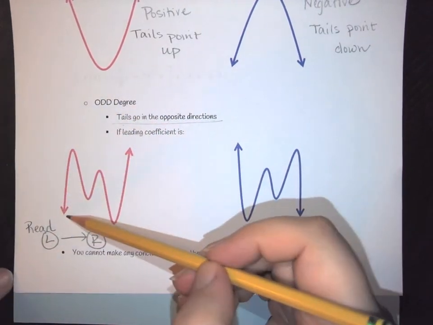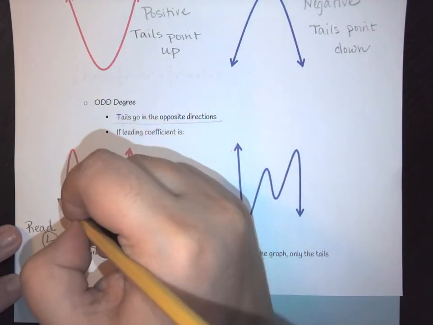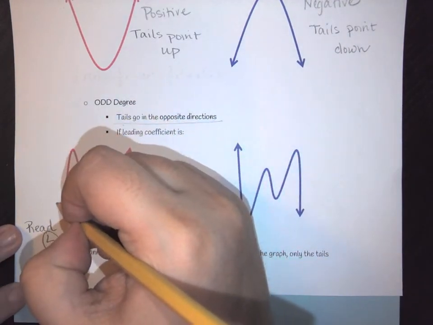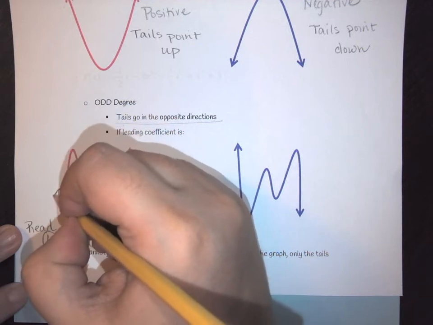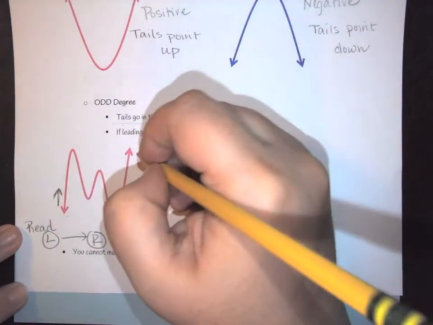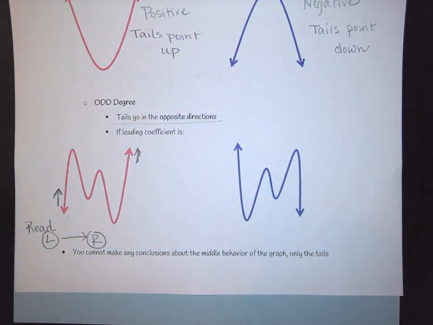Okay, so if you start at the left and you draw your pencil and you notice that your pencil starts by going in an upward direction and finishes by going in an upward direction.